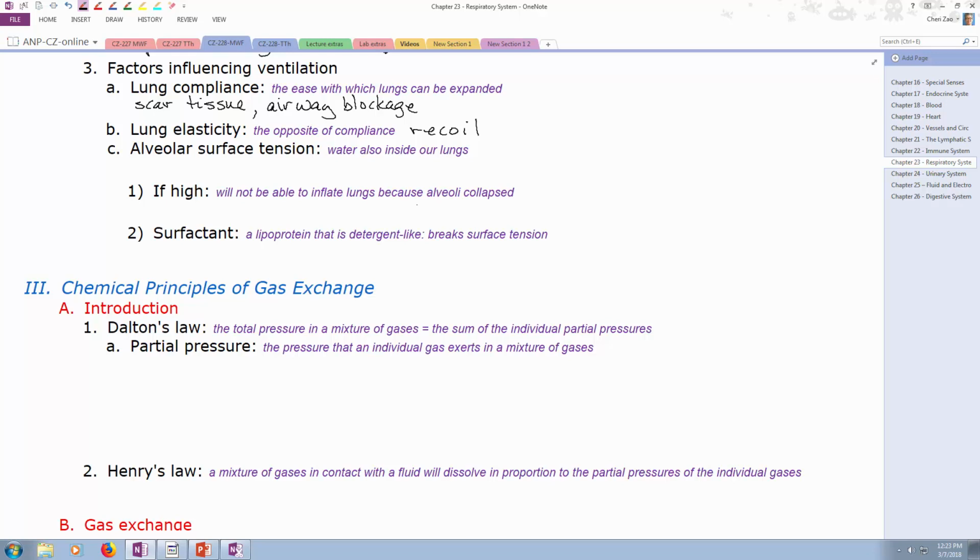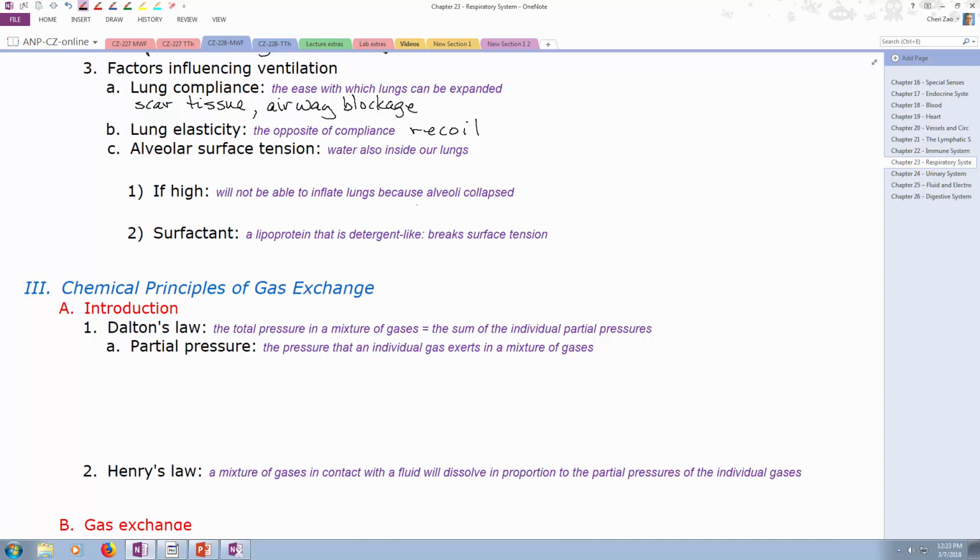So what does that mean to your balloon's ability to inflate, and then also to stay inflated or stay open when you start to deflate it? What does that mean if you have water on the inside? Harder to inflate, and then harder to keep them open, because that wants them to collapse whenever you're not actually blowing them up.